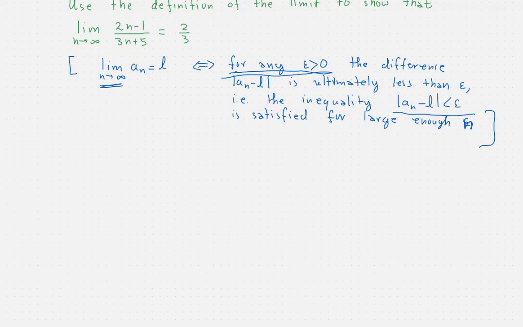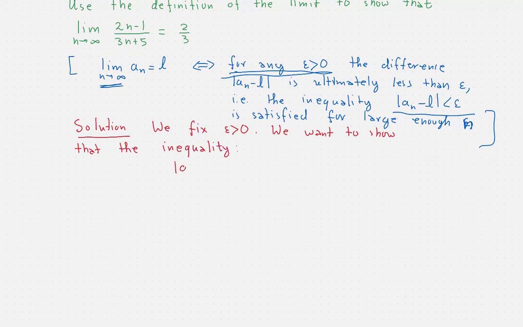So we fix epsilon greater than 0. We want to show that the inequality, we shouldn't write a_n, we know what our sequence is, so |(2n - 1)/(3n + 5) - 2/3| < epsilon is true for large enough n.